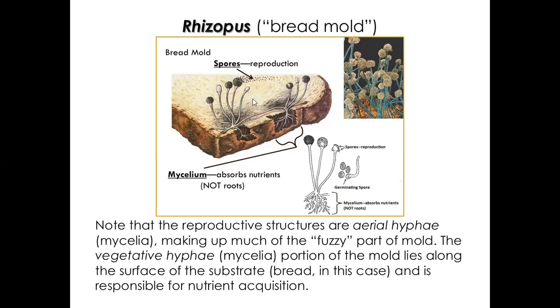But they're also called mycelia, by the way, not to try to confuse you that much. That's the fuzzy part of the mold. The vegetative hyphae, which is this lower part, is your mycelia down here. That's the part that sucks up the nutrients on the surface of the bread in this situation, where they get their nutrients from.